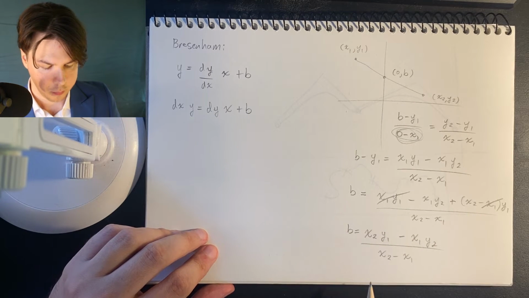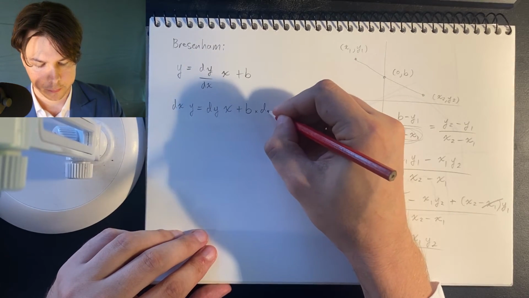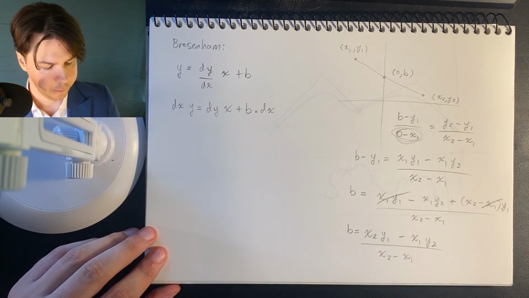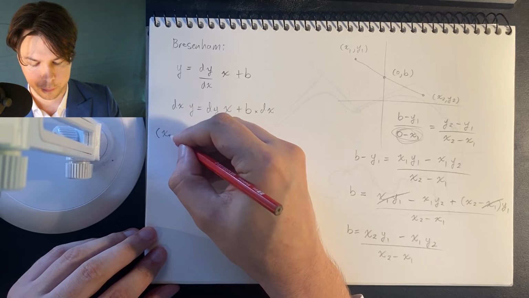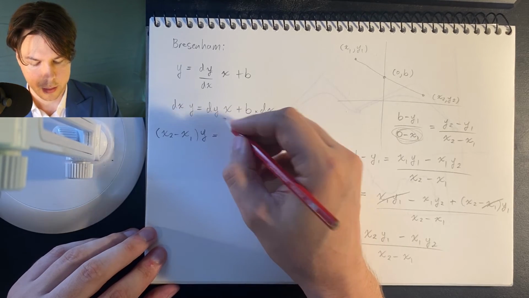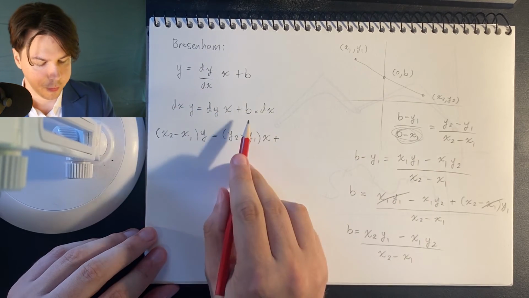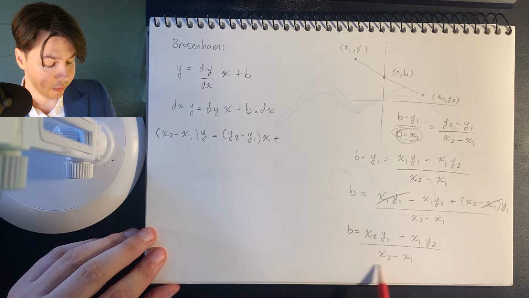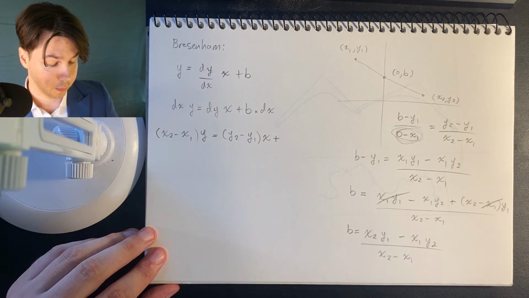But then, don't forget, up above here, we multiplied everything by dx. So if I put these actual numbers in here, for dx we have x2 minus x1, and then for dy, and then for this expression here, we have this b, but it's b divided by dx, really. Then we're multiplying by dx, so that'll cancel out.